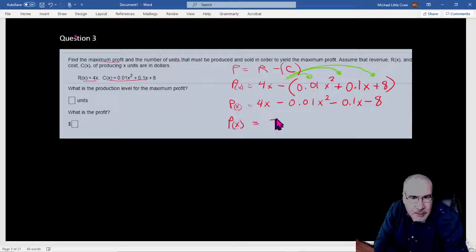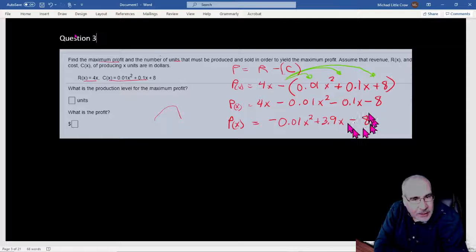So we're going to get negative 0.01x squared. That gives us an upside down parabola, which does give us a maximum profit. 4 and negative 0.1 gives a positive 3.9x, and then we get our minus 8.